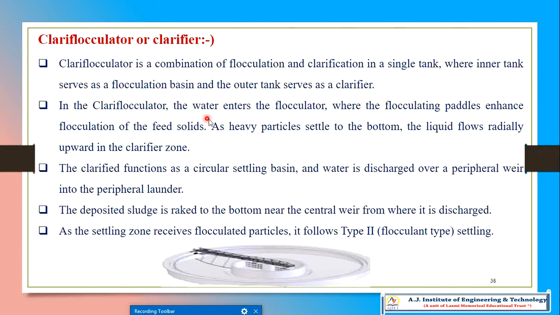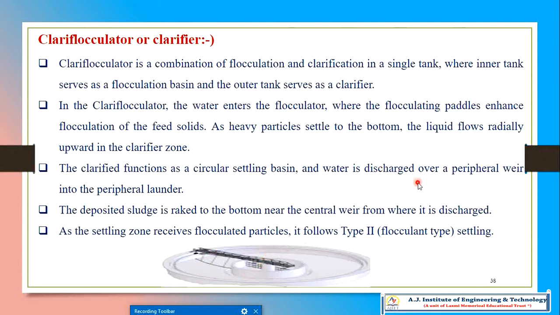The water enters the flocculator, where the flocculating paddles enhance the flocculation of feed solids. As the heavy particles settle at the bottom, the liquid floats radially upward in the clarification zone. The clarifier functions as a circular settling basin.